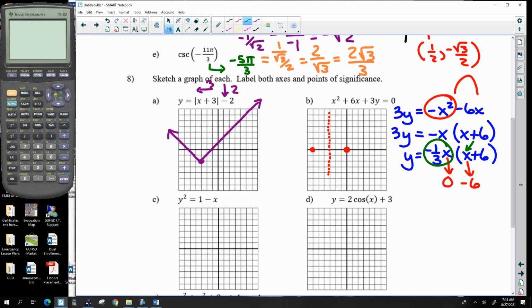And then negative 3 into that would be positive 3. So I see that I would have a vertex at negative 3, positive 3, with my roots at 0 and negative 6. And then that's good enough to get my picture.